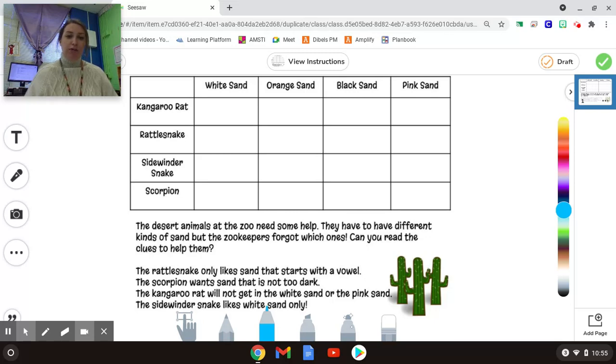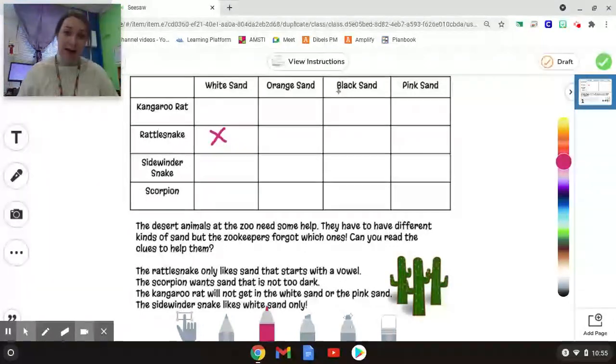Okay, so we'll start with the rattlesnake. Which ones of these start with a vowel? Is W a vowel? No. Remember, the rattlesnake only likes sand that starts with a vowel, so it can't be W. It won't take the white one. Is O a vowel? Yes, it could take O. Let's see if it'll take any others.